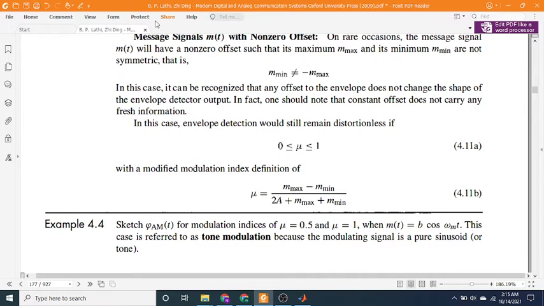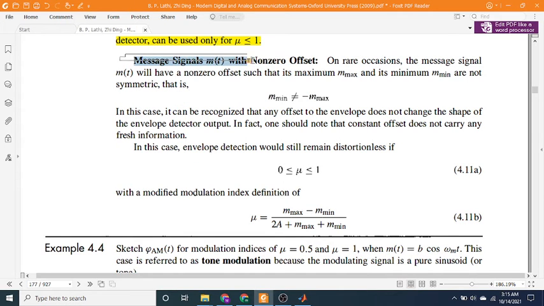Message signals m(t) with non-zero offset: on rare occasions, the message signal m(t) will have a non-zero offset such that its maximum m_max and its minimum m_min are not symmetric.